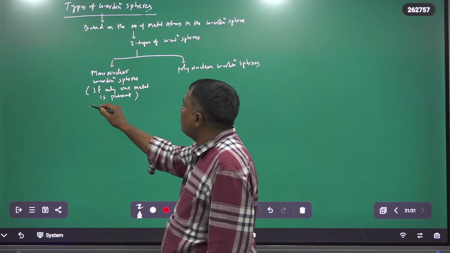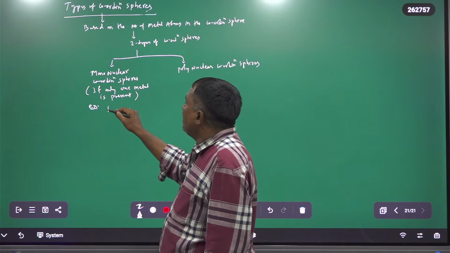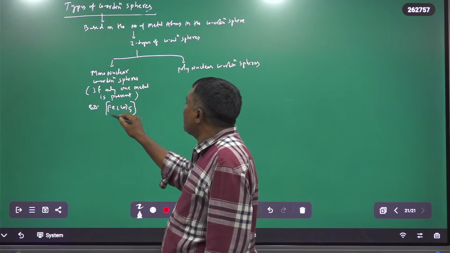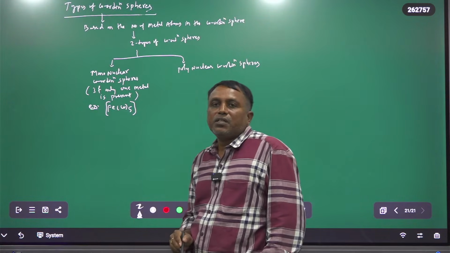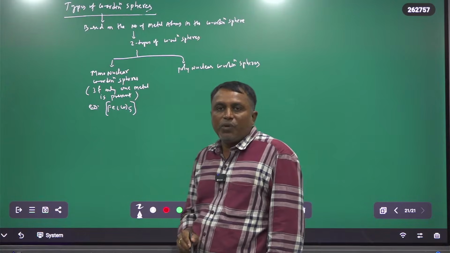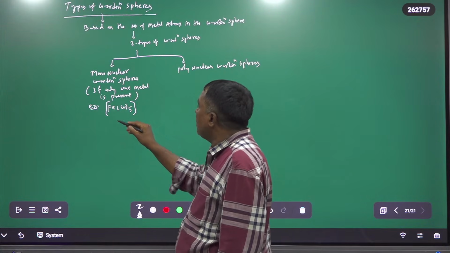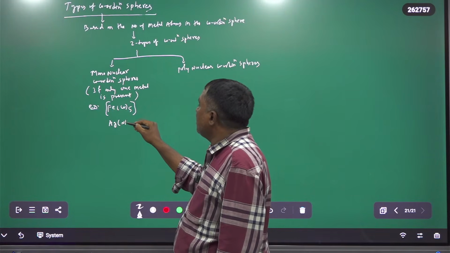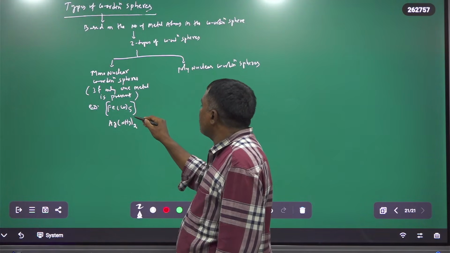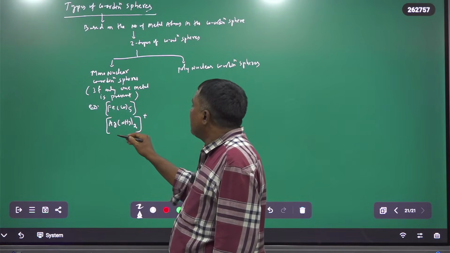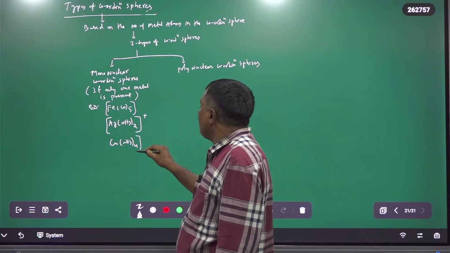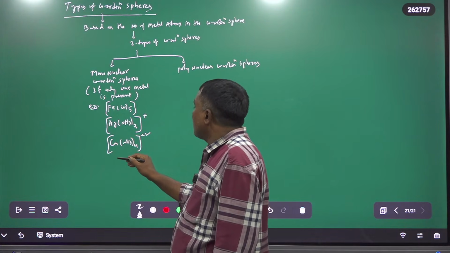For example, Fe(CO)5. This is one complex compound in which how many metal atoms are there? Only one metal atom is there. Therefore, this is mononuclear. And suppose [Ag(NH3)2]+ and [Cu(NH3)4]2+.